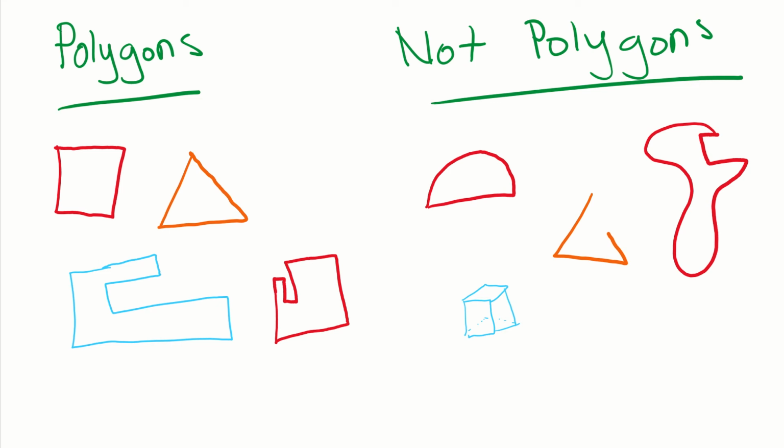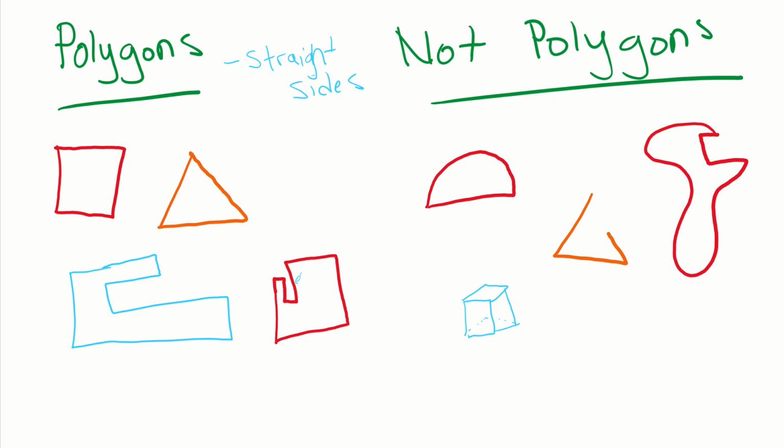I notice that we have curved lines, and I don't see any curved lines here, unless there's one here. That's due to my poor drawing. So we can say here that polygons have straight sides.